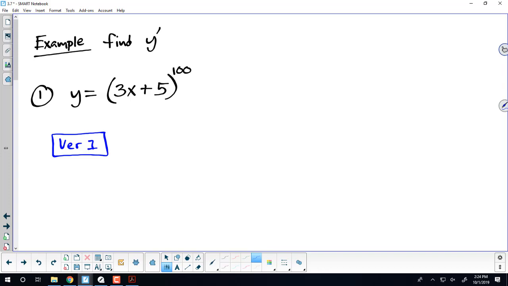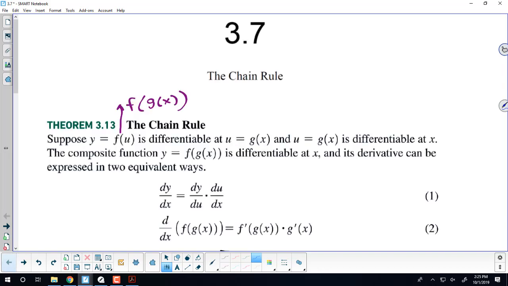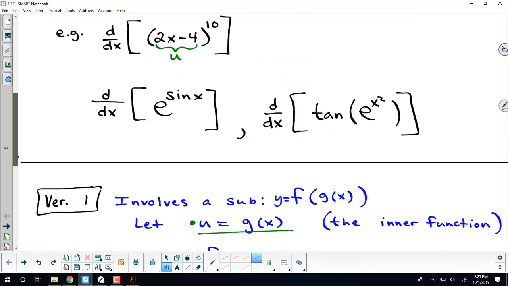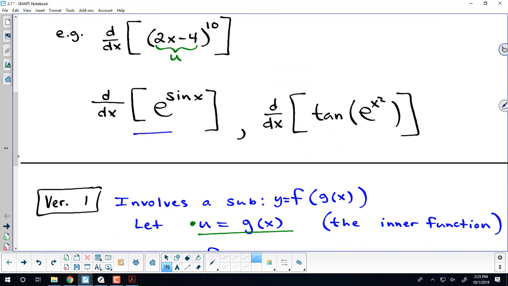Version 1 says we first have to identify the inside function and then make a substitution for it. So version 1 tells us to let u equal the inner function, 3x plus 5. If you have a hard time determining which is the inside function and which is the outside function, think in an operational sense: if I plugged in an x value, what do I compute first? That's your inner function.